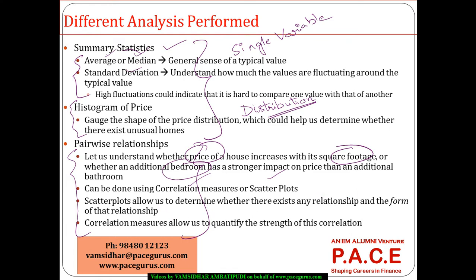Scatter plots, from a visual perspective, try to see if there is any kind of relationship existing between the variables, and correlation is trying to quantify the strength of that relationship between the variables. But yes, just to understand on a broader scale, we'll go deeper into each of them.